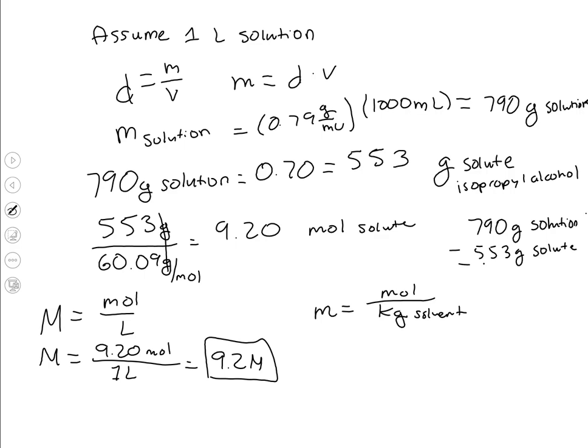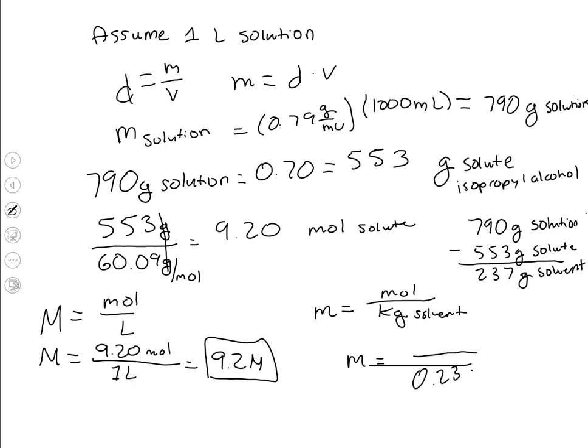What is left over should just be the solvent. Yep, 237. So do we put 237 on the bottom? What unit is 237 in? Grams. What unit do we need it in? Kilograms. Good. So what is that in kilograms?